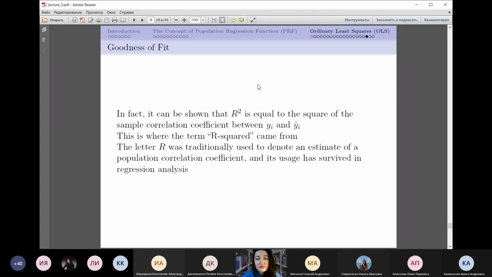Plus, you need to take into account some other indicators and some assumptions of the model, and we will discuss what else. But for now, you need to know that this is a rather popular indicator for measuring the goodness of fit of your model. And that's all. Okay? So, any questions?